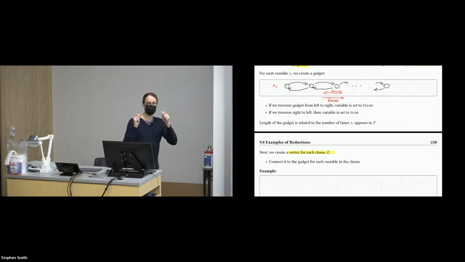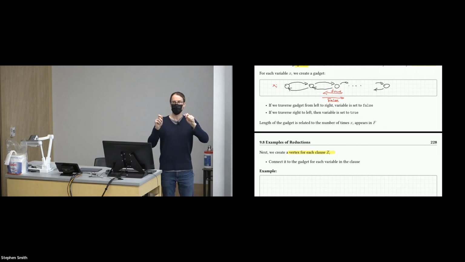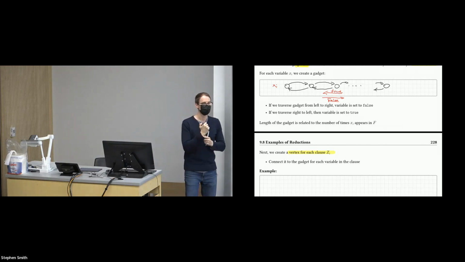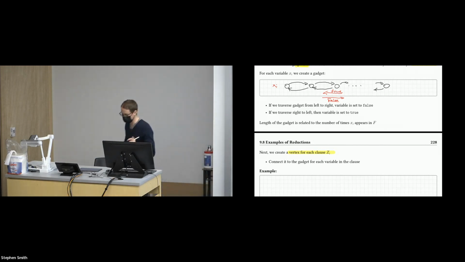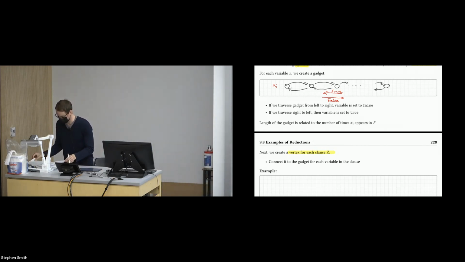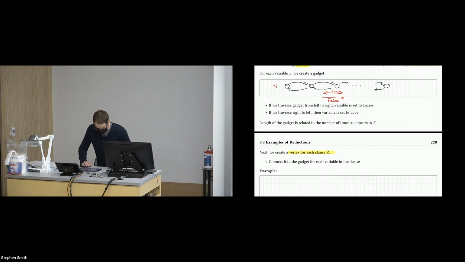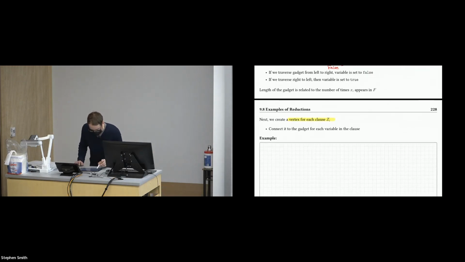And then I connect the vertices for the clauses up to the gadgets for their corresponding variables. Okay, so how does that look? Let me draw a picture again. So connect it to the gadget for each variable in the clause.